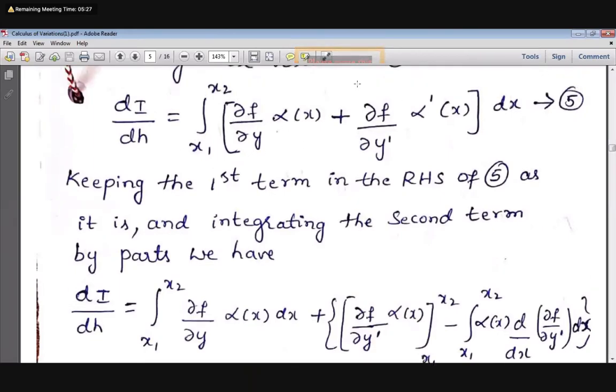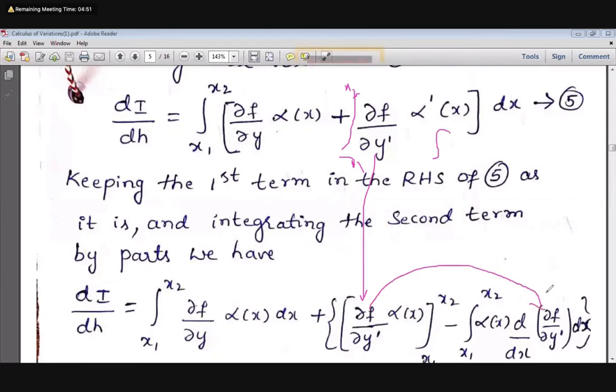Now, integration from x1 to x2 with respect to x: first function as it is, integration of the second, which is integration of alpha', so the integral sign cancels and gives alpha of x from x1 to x2, minus the integration of the differentiation of the first function times what you integrated.